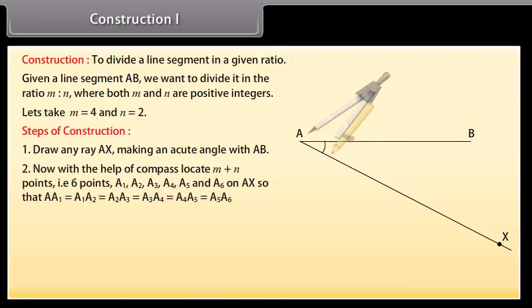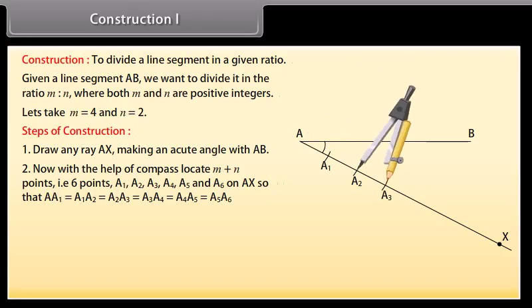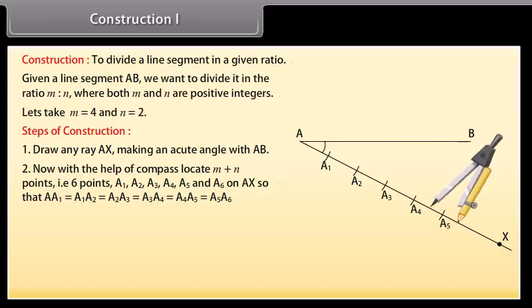Now with the help of a compass, locate m plus n points, that is 6 points, A1, A2, A3, A4, A5 and A6 on AX so that AA1 is equal to A1A2 is equal to A2A3 is equal to A3A4 is equal to A4A5 is equal to A5A6.